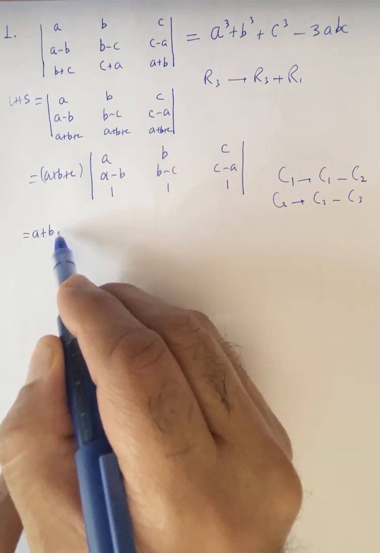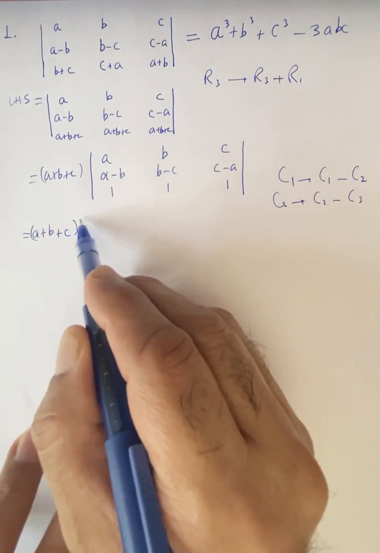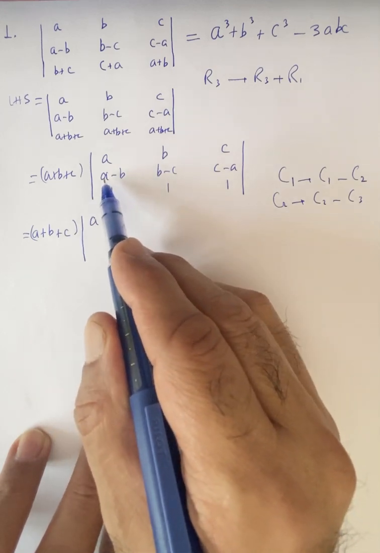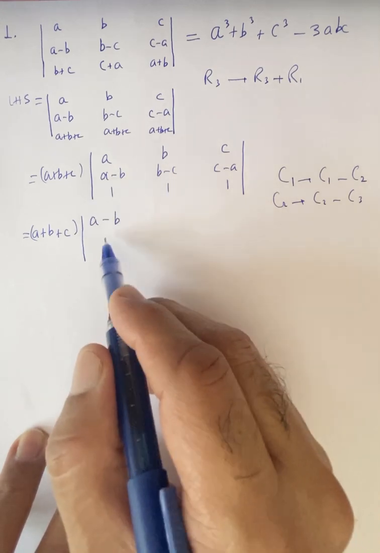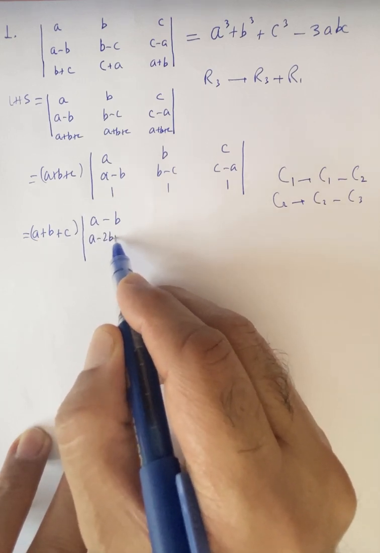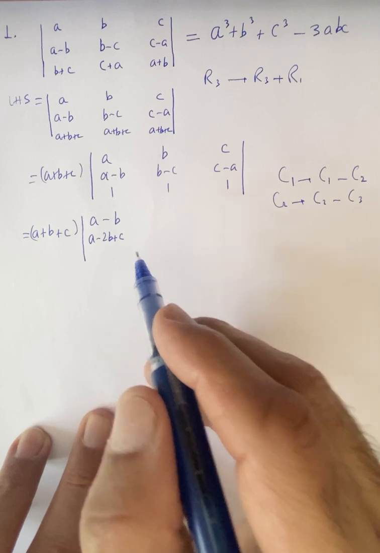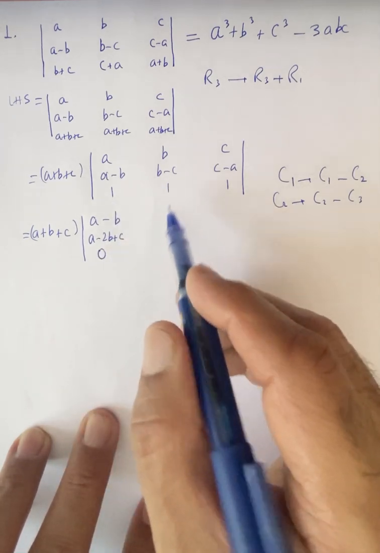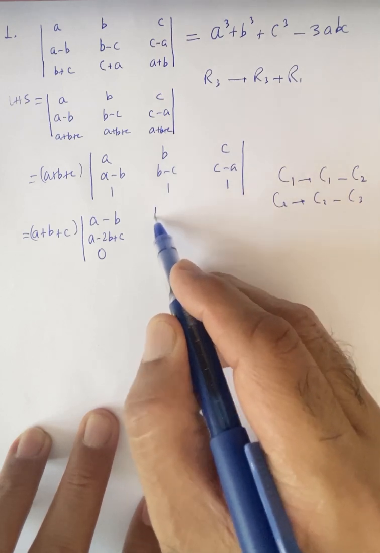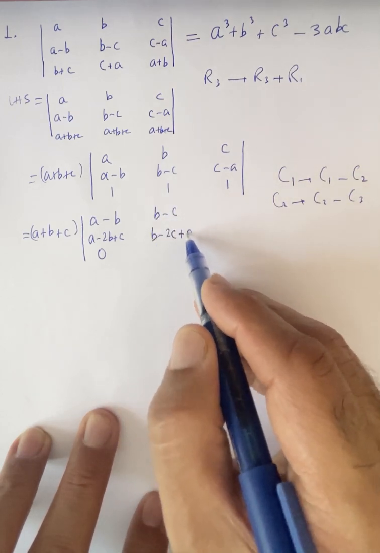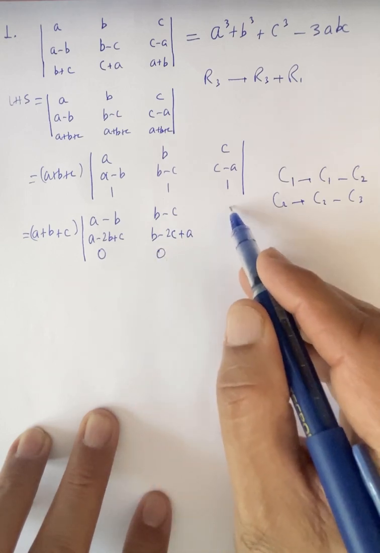So writing a plus b plus c outside, this is a minus b, this minus this is a minus 2b plus c, and 1 minus 1 is 0. Same here, b minus c, this will be b minus 2c plus a, 1 minus 1 is 0.